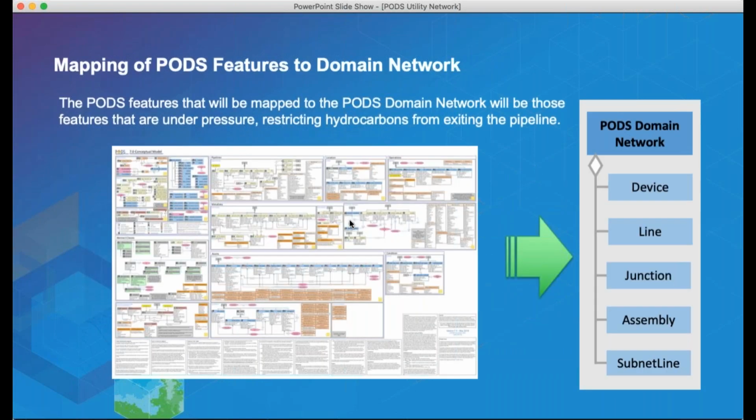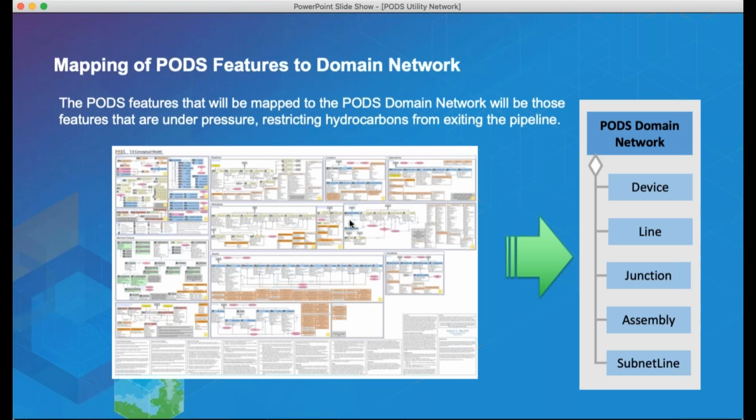And so the working group that has been working on this project, what we needed to do at a very simple high level, to get this PODS utility network compatible domain network built, is go back into the PODS 7.0 model and identify which features would participate in the network. So we're not bringing everything from PODS into the utility network.